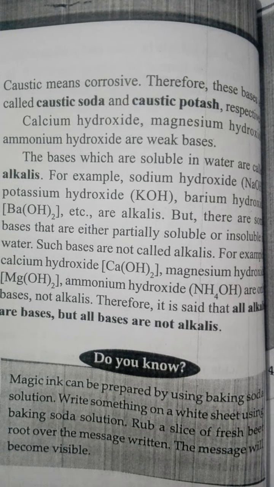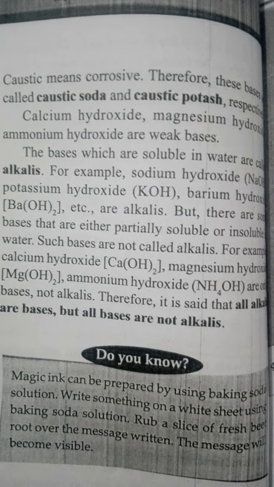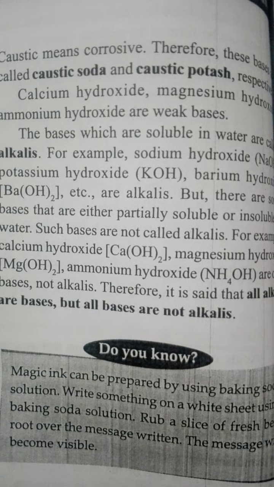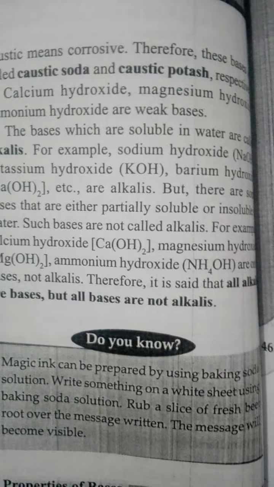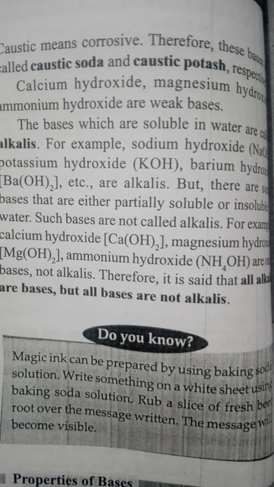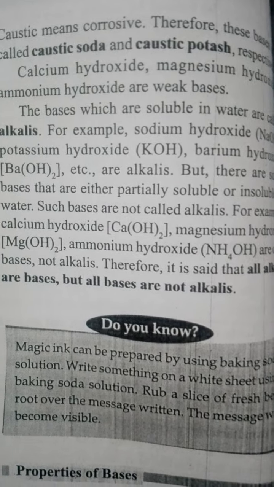Such bases are not called alkalis. For example, calcium hydroxide, magnesium hydroxide and ammonium hydroxide. These are bases but not alkalis. Therefore, it is said that all alkalis are bases but all bases are not alkalis.